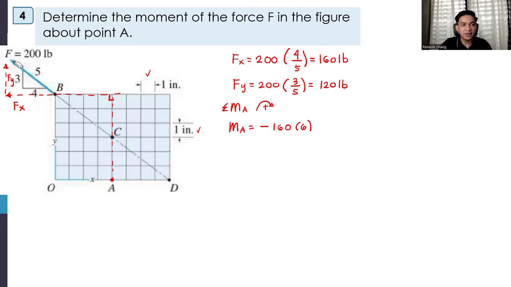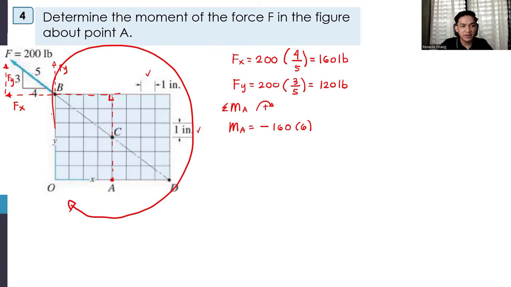Let us proceed sa ating Fy. So, yung location ng Fy natin is andito. So, this is just a representation sa ating triangle kanina. And then, tingnan natin kung positive ba or negative si Fy. Papaikutin natin siya sa ating point A. And as you can see, that is clockwise, which is positive.